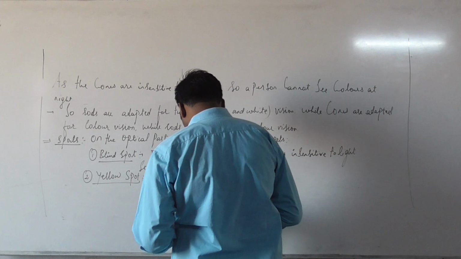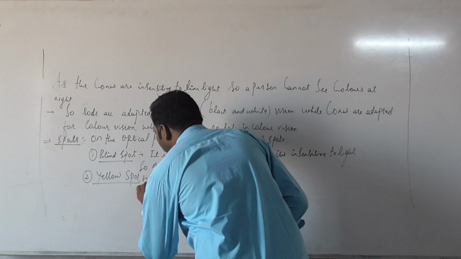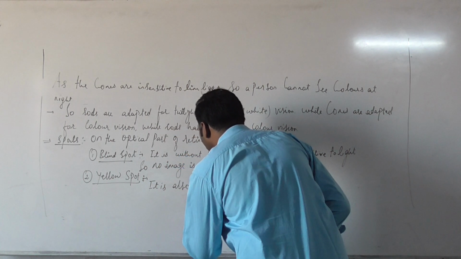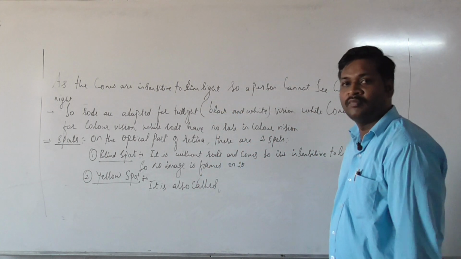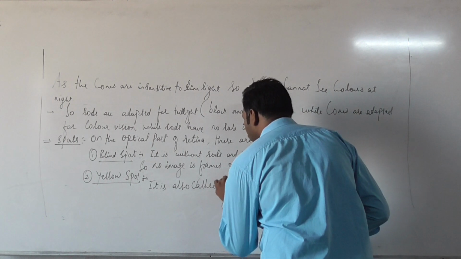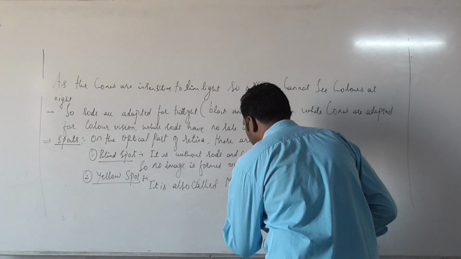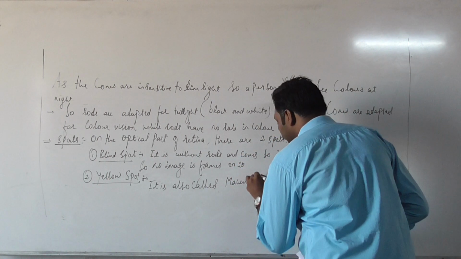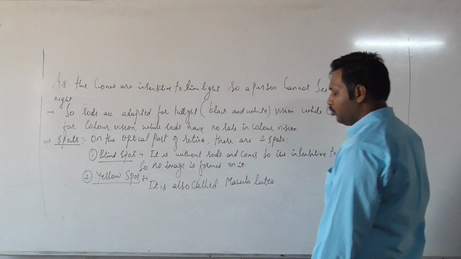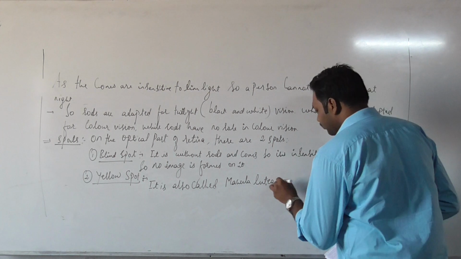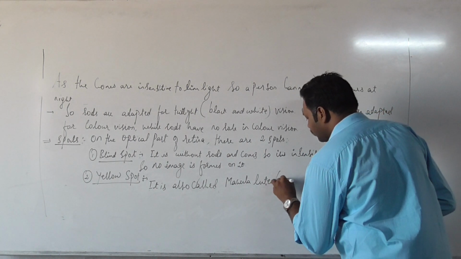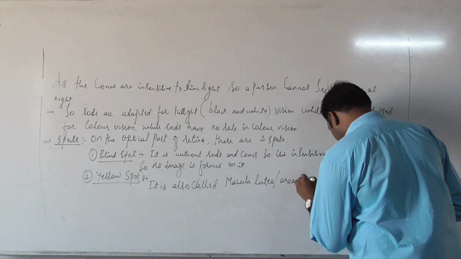It is also called macula lutea, or area centralis.